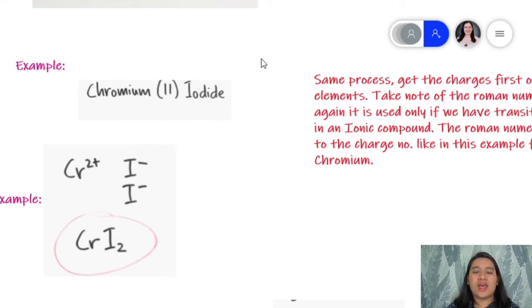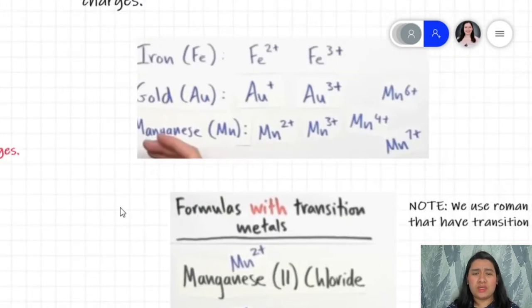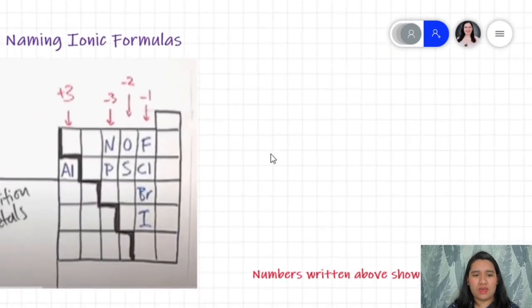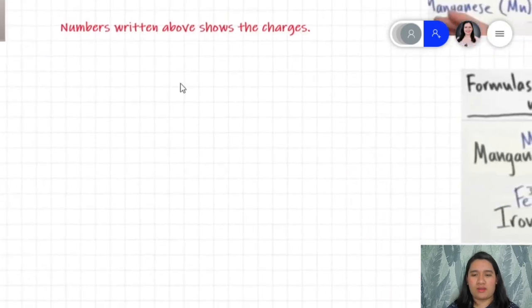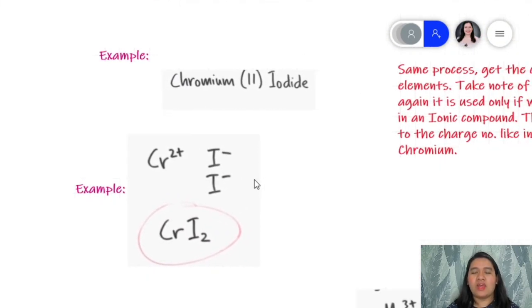Next, we get iodide. So, what is the charge of iodine? Iodine is negative 1. Now, since we have a chromium with a positive 2 charge, we will add more iodine. Why will we add more iodine?